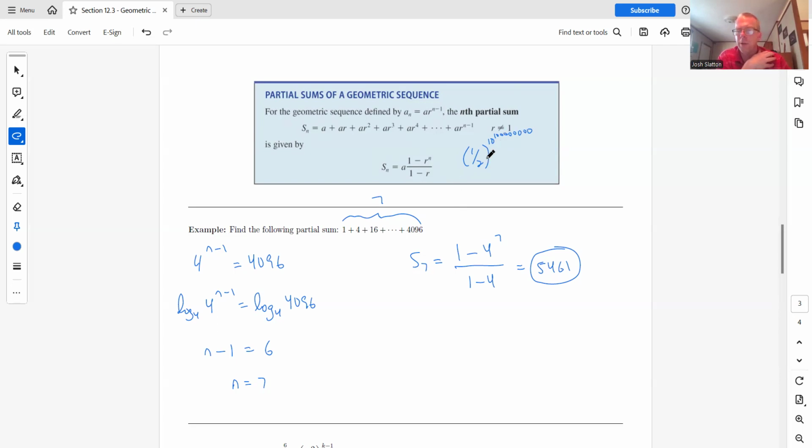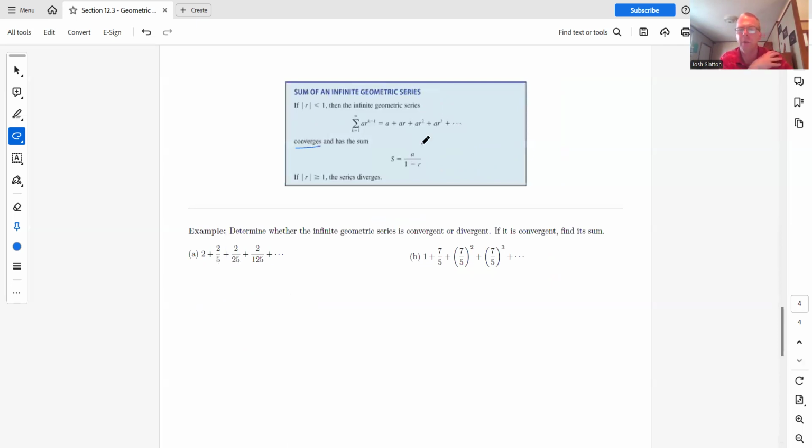That gets smaller and smaller. So R to the n will go to 0 when R is less than 1. And when that happens, the 1 minus R to the n is just going to be 1. We have A in the numerator, so the infinite sum would be A over 1 minus R.